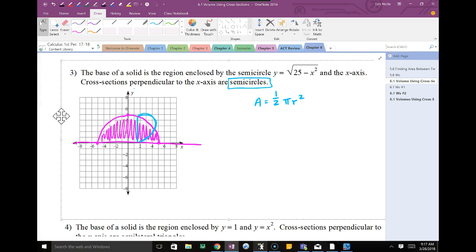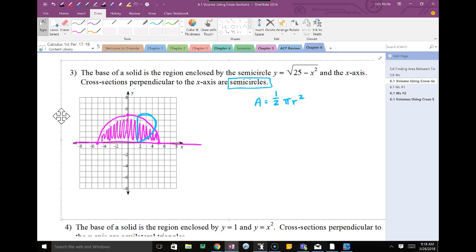No, wait, anywhere on the circle, like over here. So the height of this, or the diameter, would be what? What's the diameter from the base to the top of the semicircle? It's this, right? So it's the square root of 25 minus x squared.